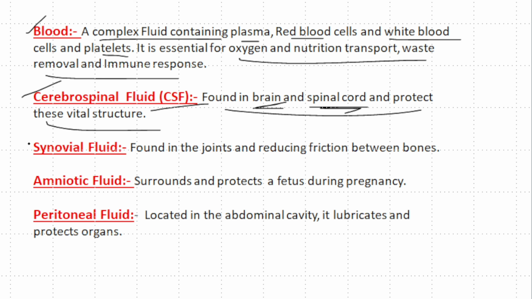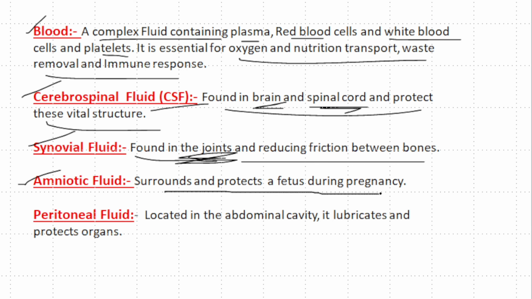Then synovial fluid. It is found in the joints and reduces friction between the bones. Then amniotic fluid. It surrounds the fetus and protects the fetus during pregnancy. Then peritoneal fluid. It is located in the abdominal cavity. It lubricates and protects the organs.